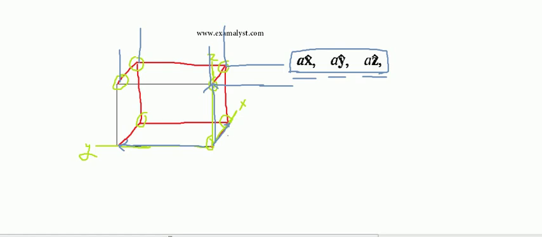Now if I take another object and I put it here, an atom, this becomes a body centered cubic lattice. In a body centered cubic lattice, I cannot have a1, a2, and a3 as my basic lattice vectors. I will have something different. Let us see.